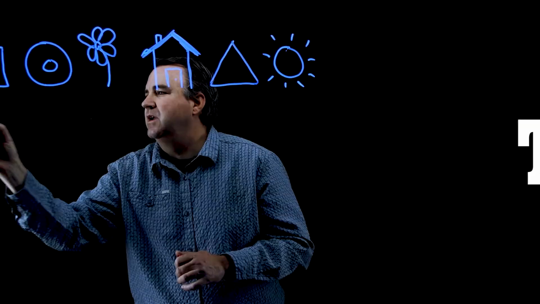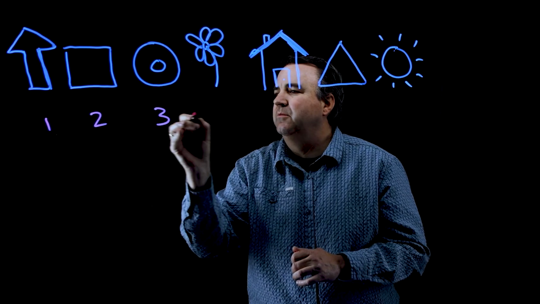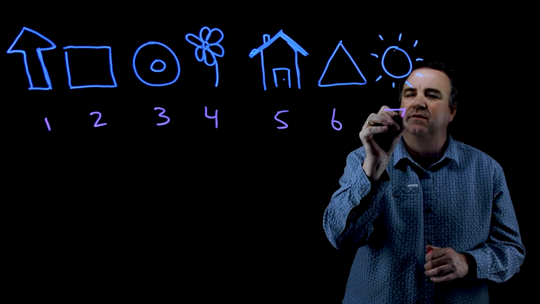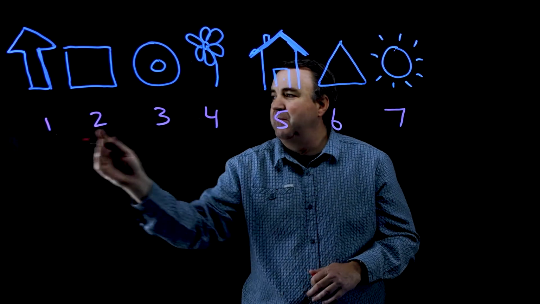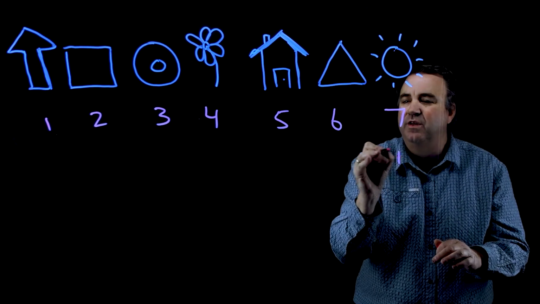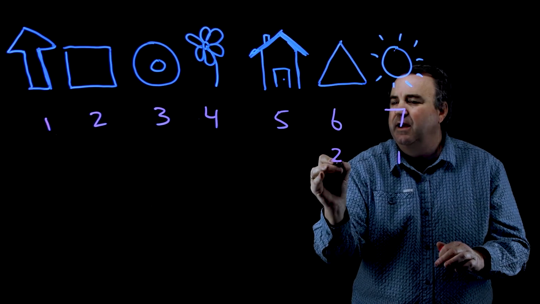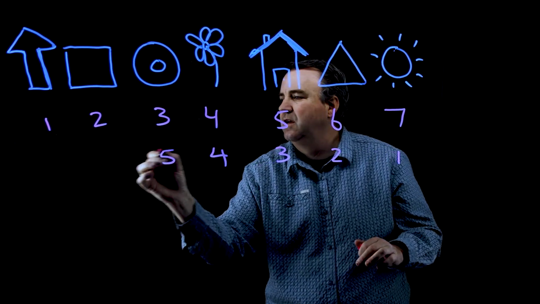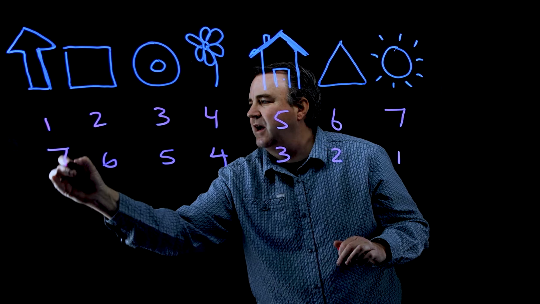I'm going to number each one of these items, and this is a thing I've got to remember in my mind. I'm numbering it 1 through 7, but then I'm going to go the other direction and number each one of these items 1 through 7.